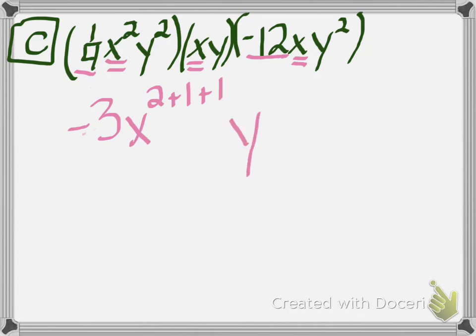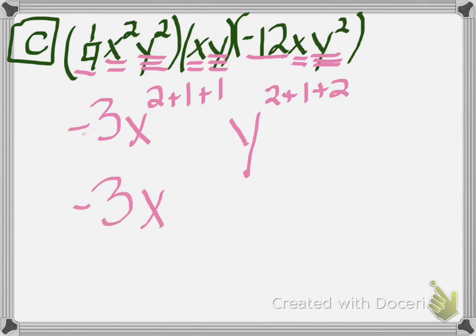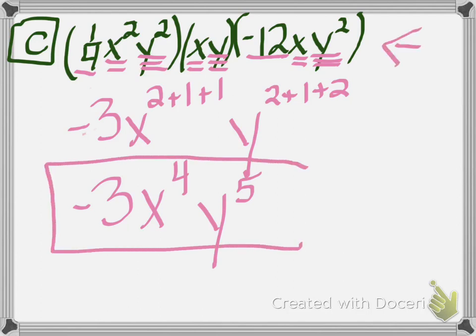Then we have the y squared, y to the first, and another y squared. I'm going to simplify the exponents. I get negative 3x to the 2 plus 1 plus 1, that's 4, and y to the 2 plus 1 plus 2 is 5. The answer when all of this gets simplified is negative 3x to the 4th, y to the 5th.